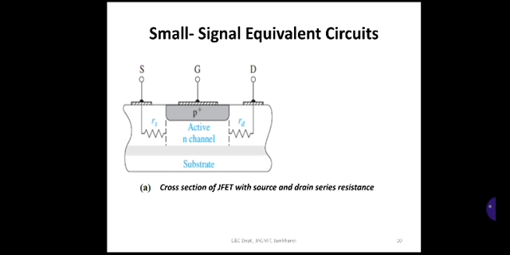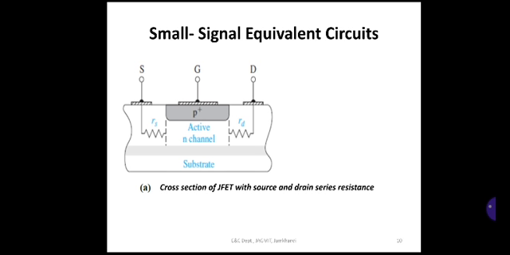It consists of the source and drain series resistances, that is RS is the source resistance and RD is the drain resistance, which are series resistances.